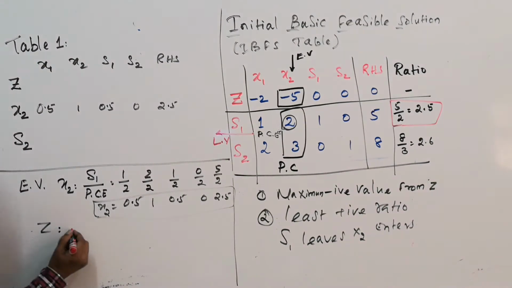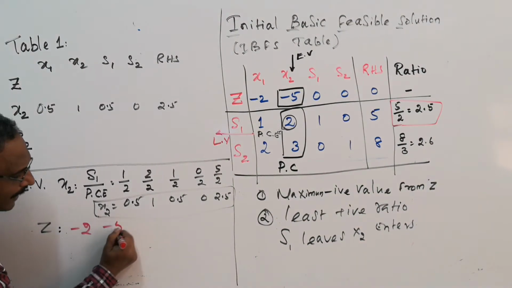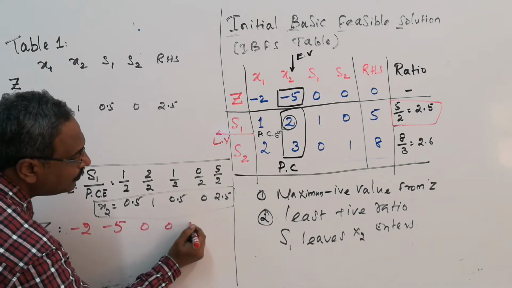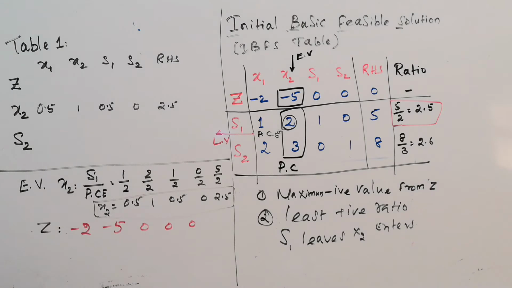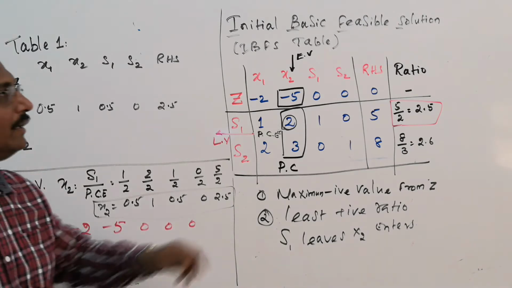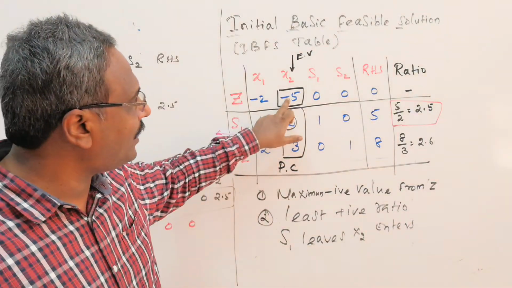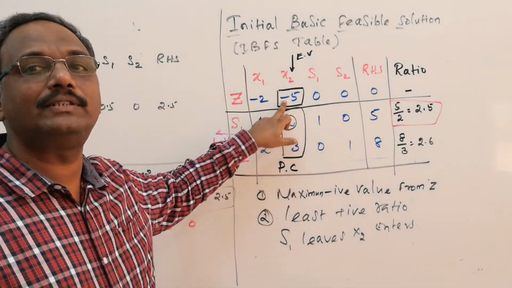Then I take the minus of the corresponding pivotal column element. I check the pivotal column element here; I have -5.